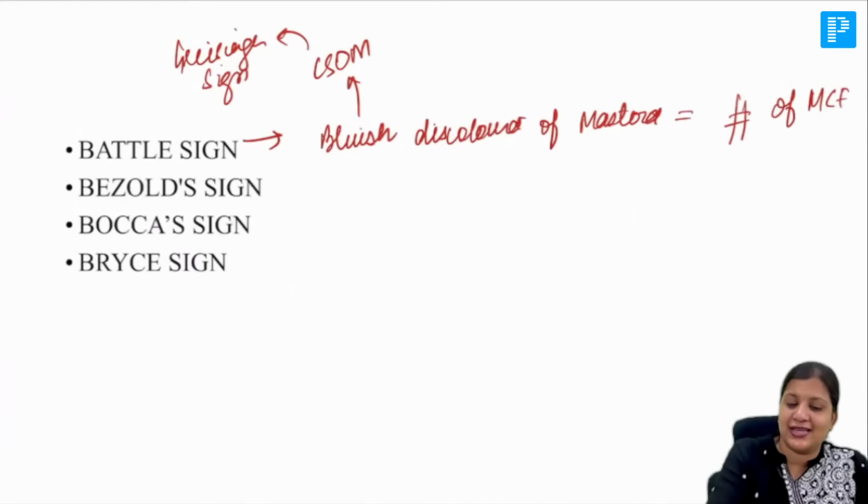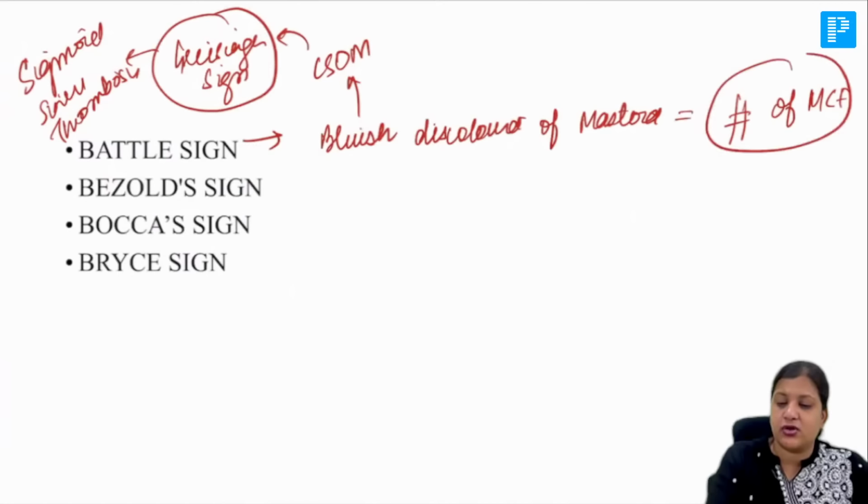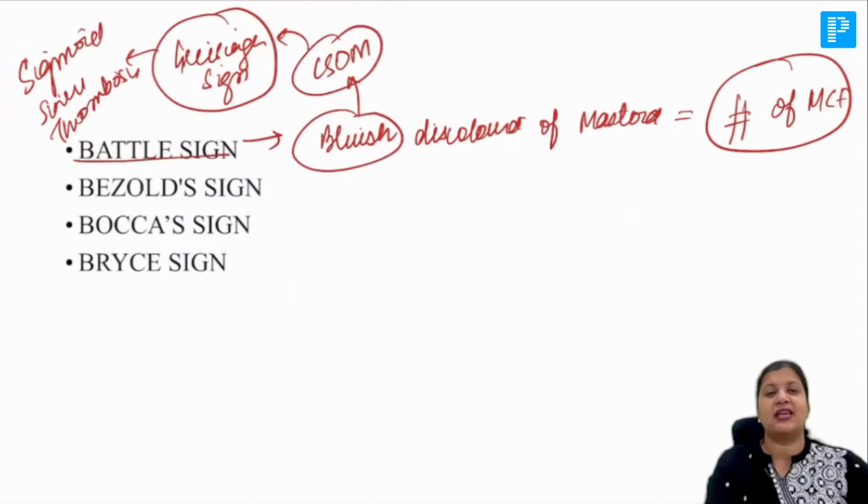And where do you get this Griesinger's sign? In sigmoid sinus thrombosis, right? So in sigmoid sinus thrombosis, you will get this Griesinger's sign. So remember, if there is a history of trauma, if there is a history of fracture, then Battle sign. If this bluish discoloration is after CSOM, then we call it as Griesinger's sign.